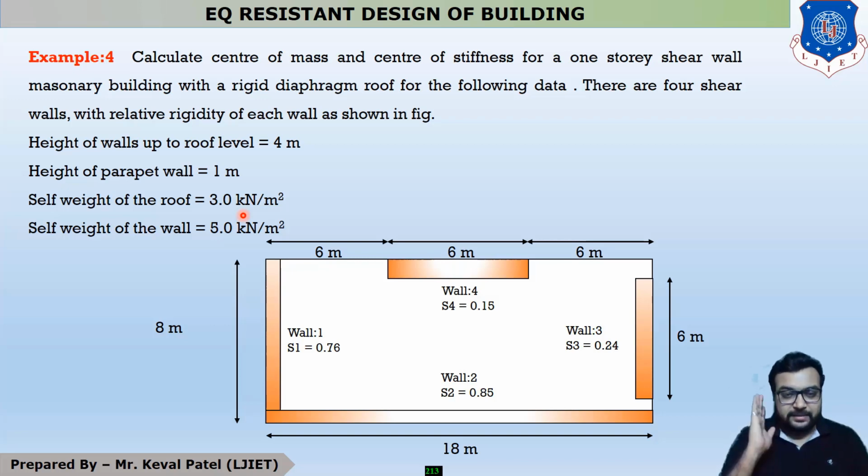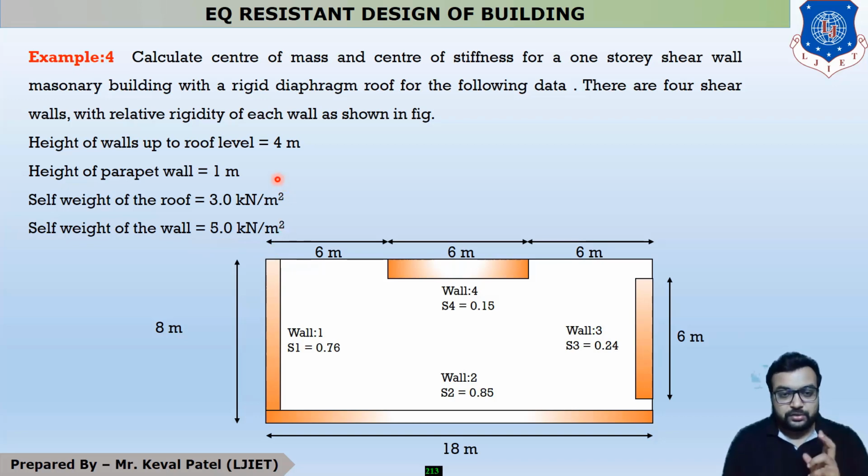In this example, our self weight is in kilonewton per meter square, so we have to convert it to kilonewton. How do we convert kilonewton per meter square to kilonewton? By multiplying with some area. Next is self weight of wall, which is 5 kilonewton per meter square.